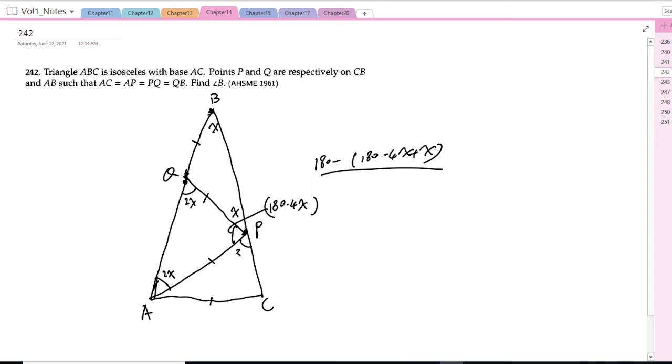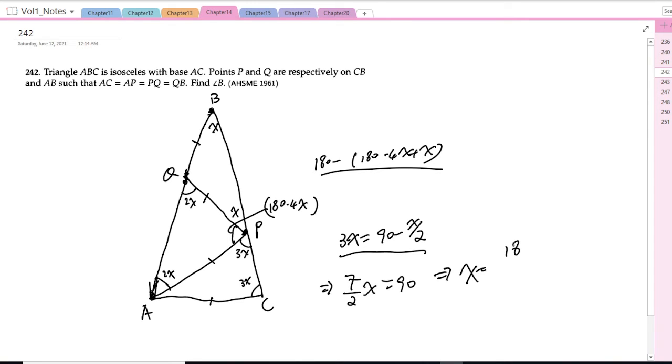So this angle is 3x. Okay, but remember, ABC is an isosceles triangle, right? So 3x is equal to 90 minus half of the vertex angle. So now we see 7x is equal to 180. Now we can solve x is 180 over 7 degrees.